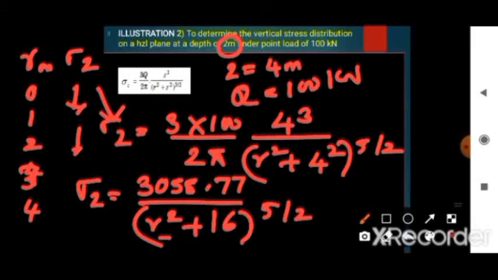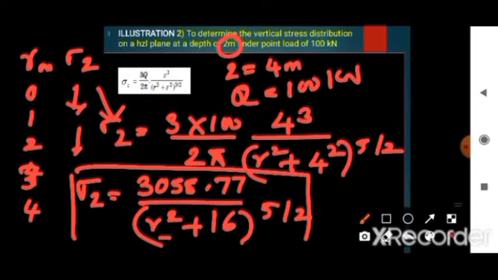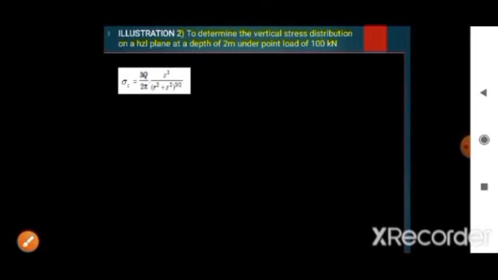If we substitute in this equation, the values are going to be, I will write here r as well as sigma z. Sigma z, always remember, I am discussing in kilonewton per meter square.